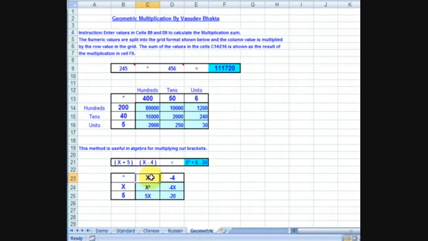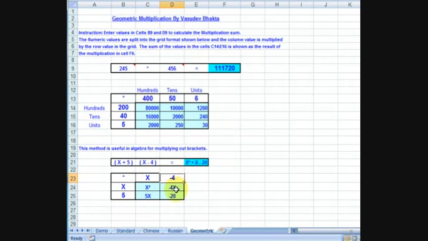Then x minus 4 is represented at the top here, where x is positive we have x, and minus 4, the minus sign is associated with the number 4, therefore we take that sign with it and put it as a negative 4 here at the top.